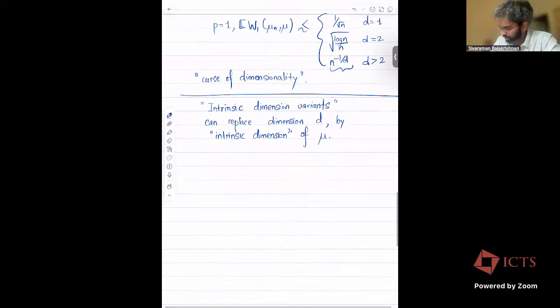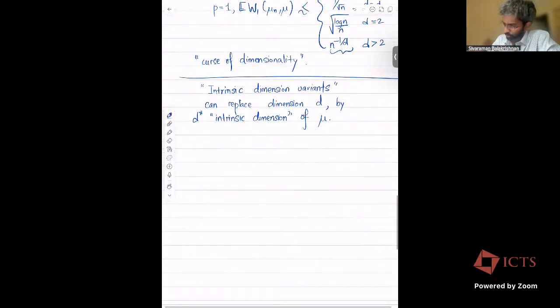And I will tell you one such variant, but maybe the intuition you should have is just if mu happens to be supported on some low dimensional manifold, then you will get faster rates where I will just replace the ambient dimension by the dimension of the manifold. And the same empirical measure will get you these faster rates.